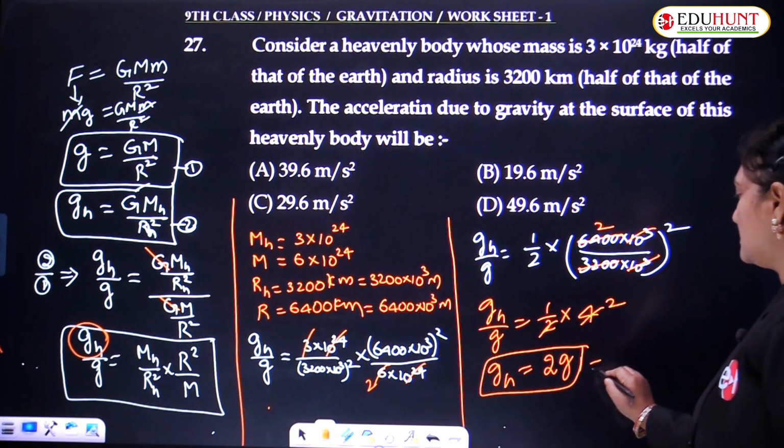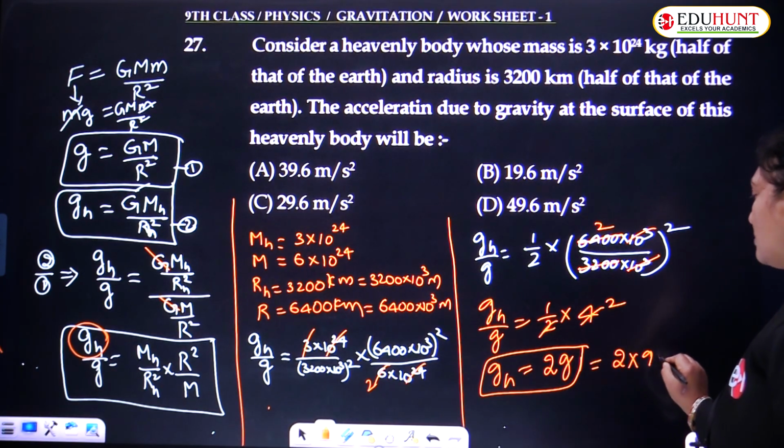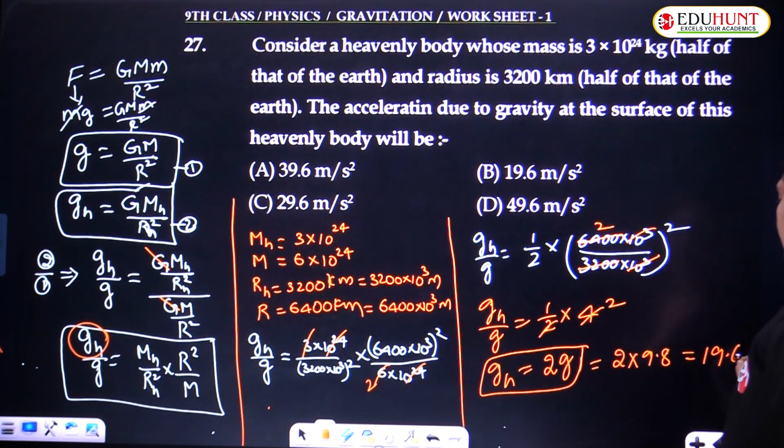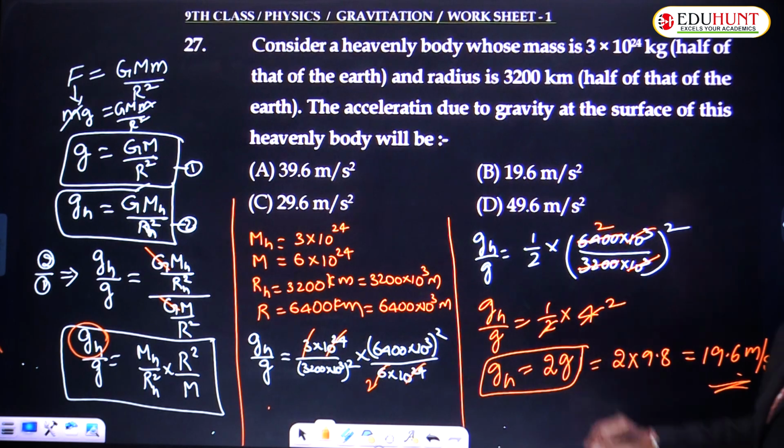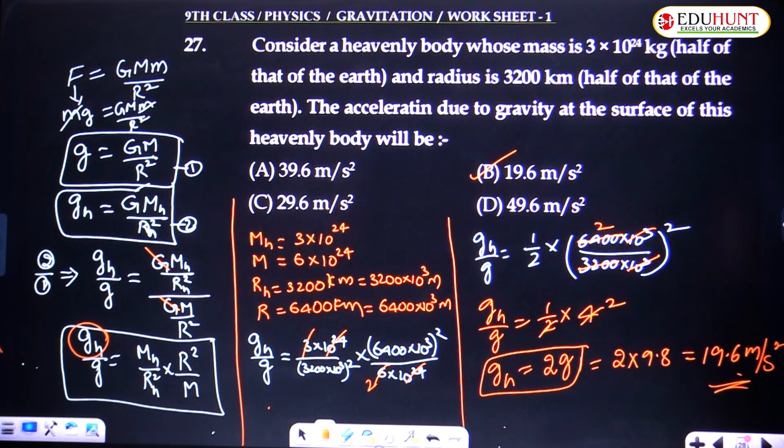It is 2 times 9.8. How much is the answer? 19.6 meter per second square. So option B must be true.